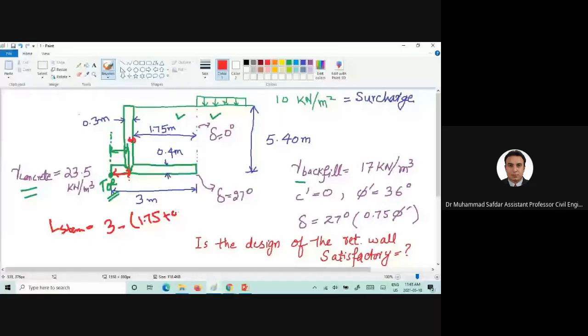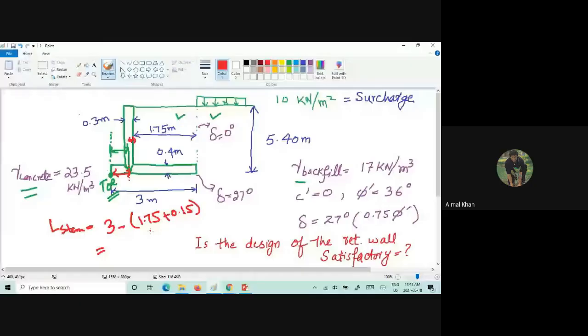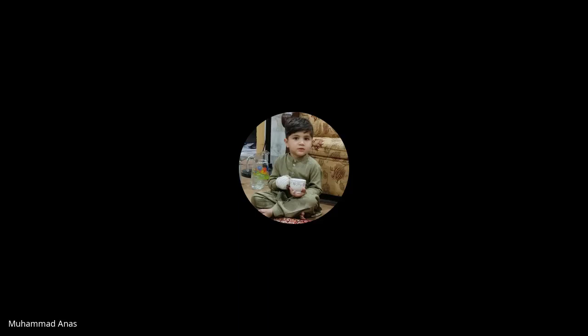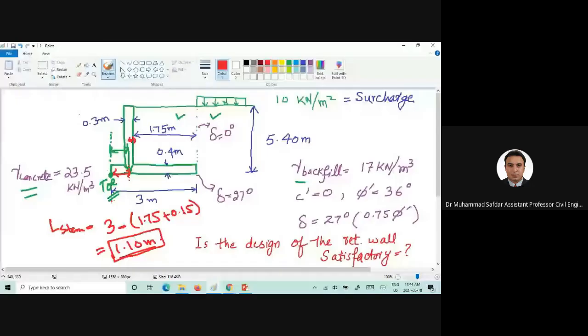Please give me this value here. It's 1.10. This is the lever arm for the stem. You need to subtract this because the whole width of the foundation is 3 meters.